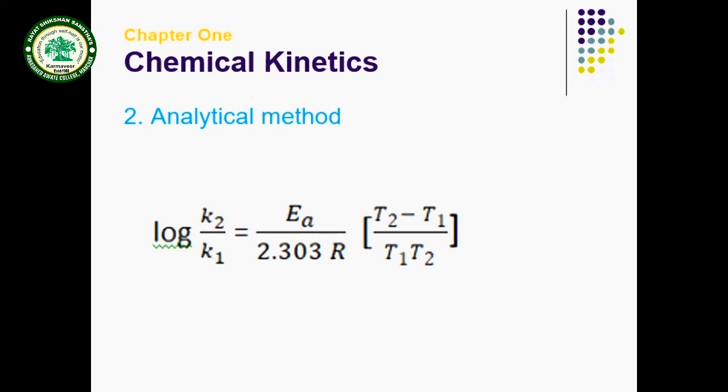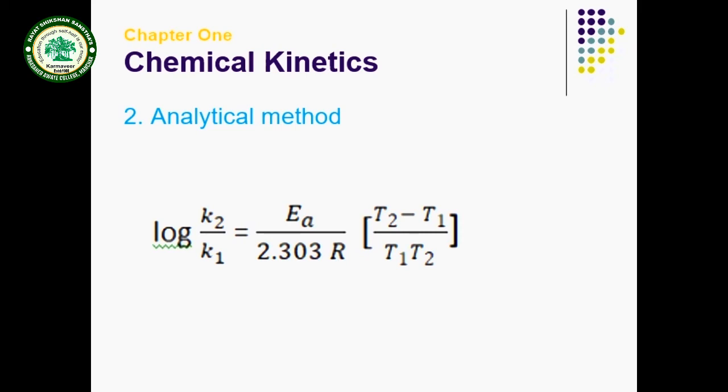We repeat the experimental set at one room temperature, we call it T1, and one higher temperature T2, that is approximately higher by 10 degrees Celsius. So T1 is the lower temperature and T2 is the higher temperature of the system.